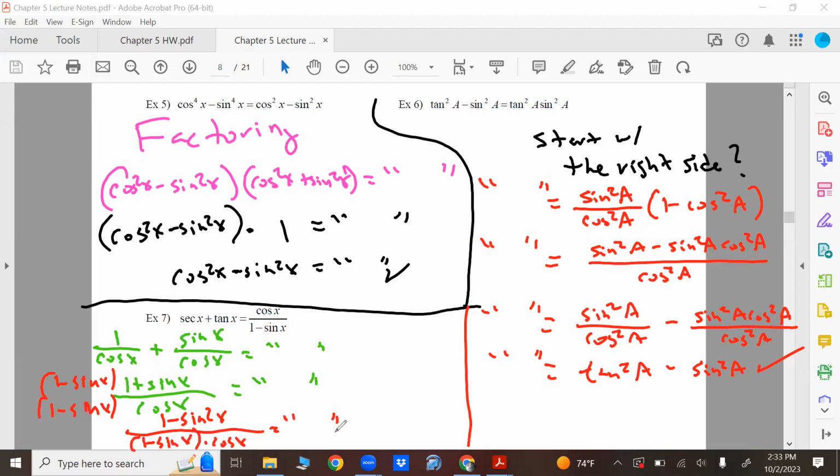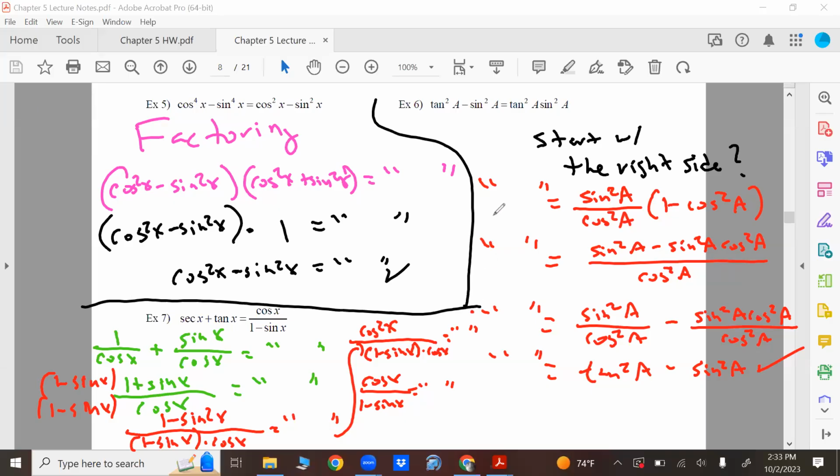No, it's one minus sine. Oh, and then it's the same thing. Oh, and then one of these becomes sine squared.